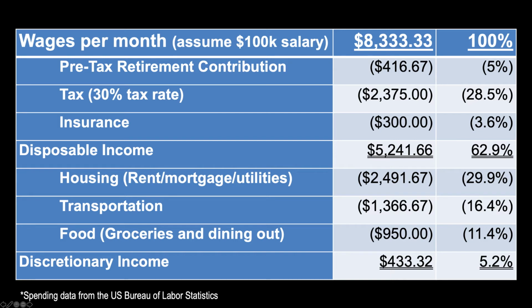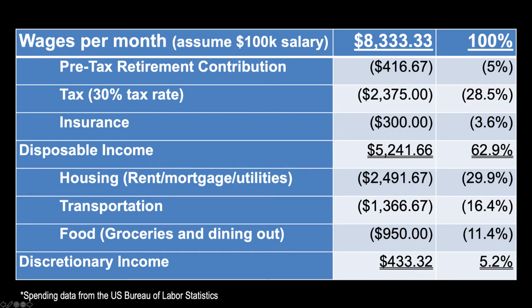If you make about $100,000 a year, you're going to be spending anywhere from $2,000 to $3,000 on your housing. And this is not just your mortgage. This is mortgage plus utilities and everything else to keep the house going. So your mortgage may only be $1,500, but maybe you have an extra $700, $800 in expenses.